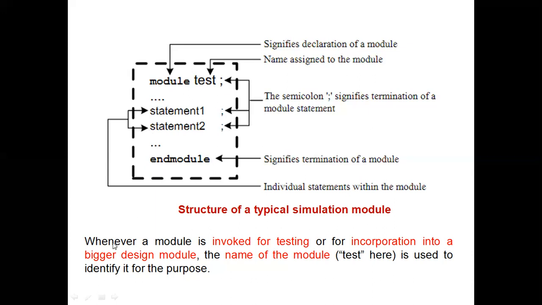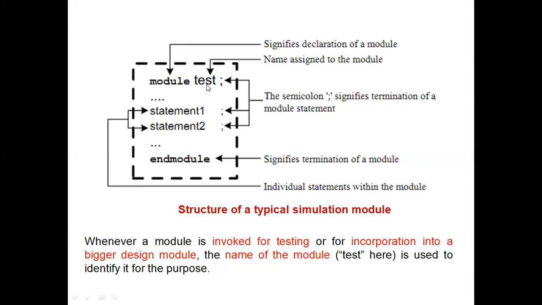Next, observe here, whenever a module is invoked, that means called for testing or for incorporation into a bigger design module, then the name of the module, in this example test, is used to identify it for the purpose. How can you use this module in another program?